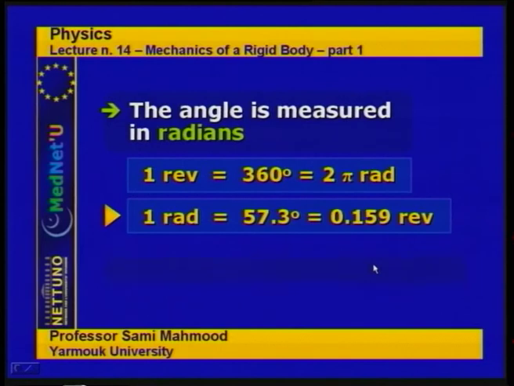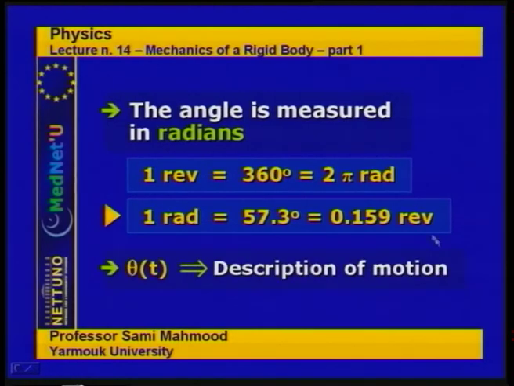So these are the ways to measure the angle, and the angular position theta of t, if we determine the angular position as a function of t, then we arrive at a complete description of the rotational motion of the objects.